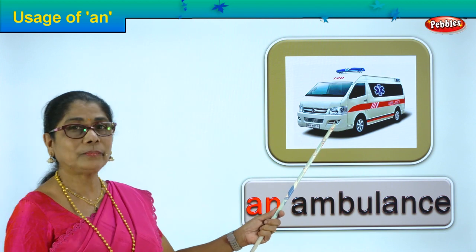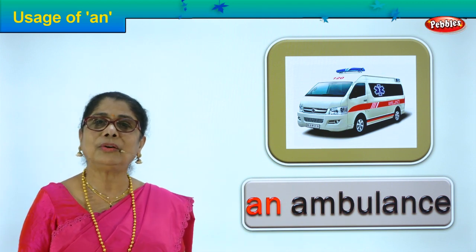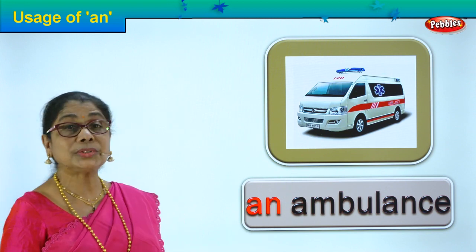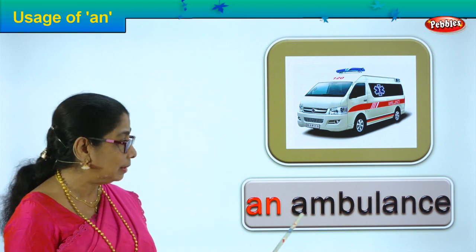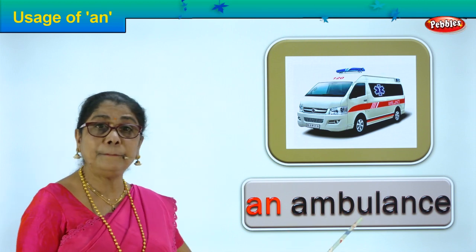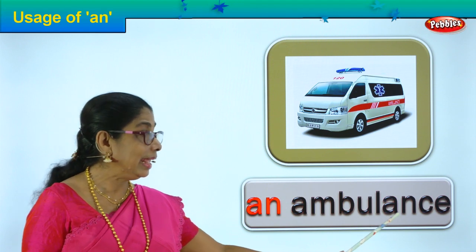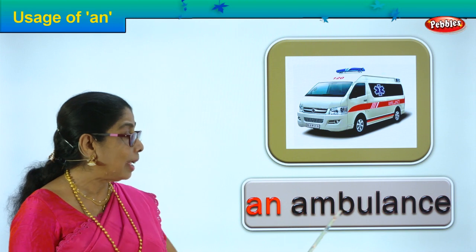What is this? When people are sick, old people are sick, or anybody who is sick or has an accident, we use this white vehicle. And what is the name of the vehicle? Ambulance. Let's spell it. A-M-B-U-L-A-N-C-E. Ambulance.